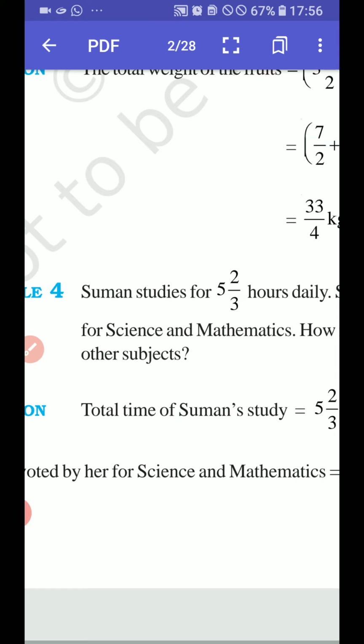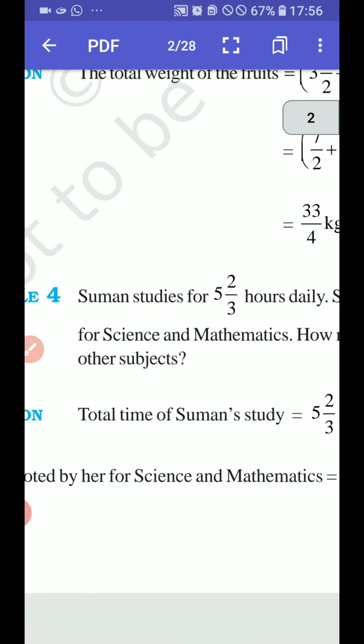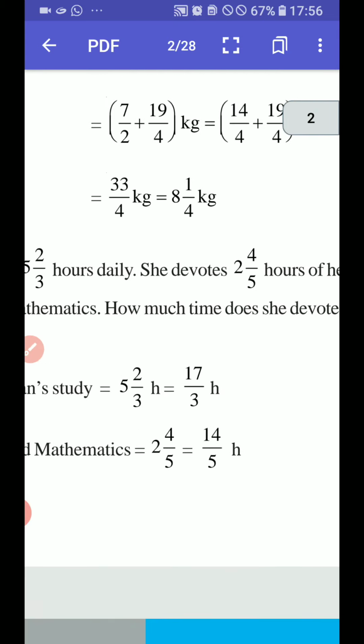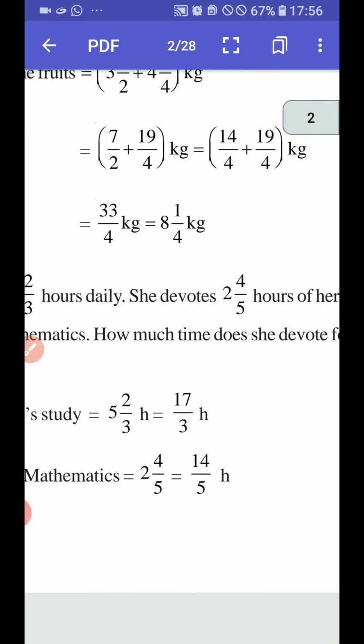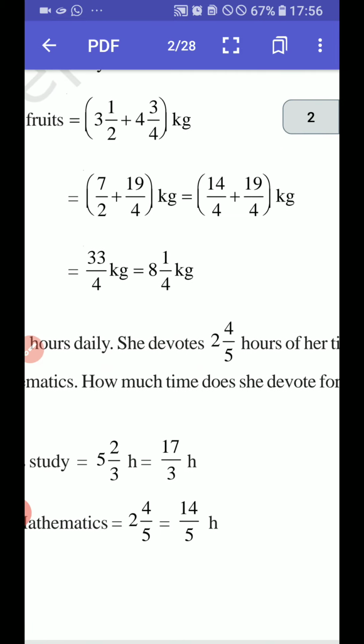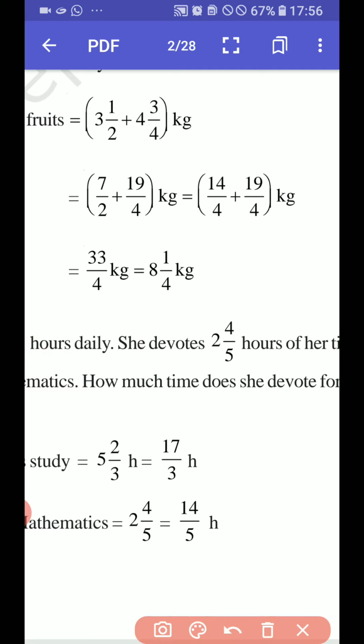Means the total study hour of Suman is 5 whole 2 upon 3, and the study hour of science and maths is 2 whole 4 upon 5. You have to find out the study hour of the rest of the subjects. Means you will subtract 2 whole 4 upon 5 from the total study hour.